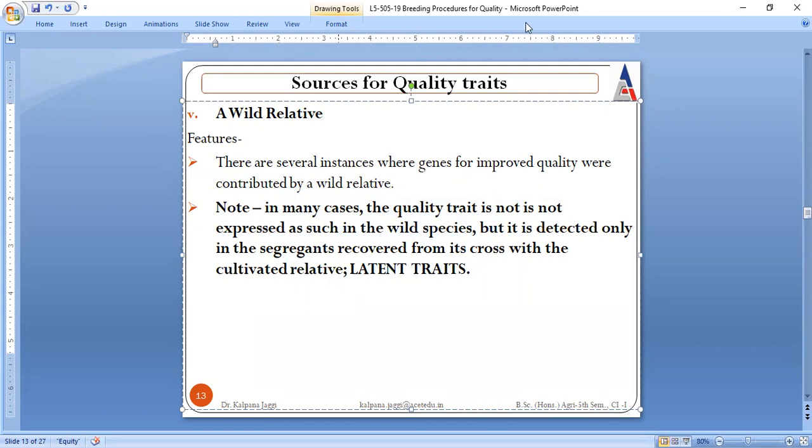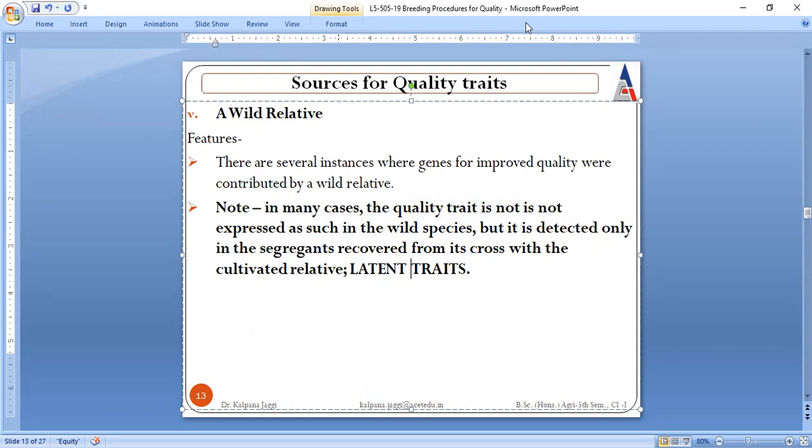We know that the particular wild relative exists and is perfectly suitable for providing genes for quality.